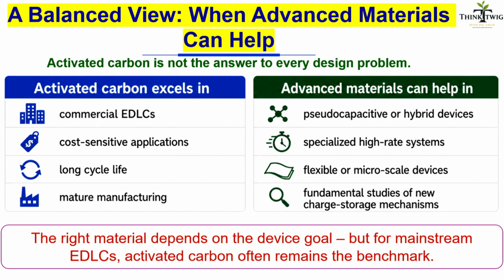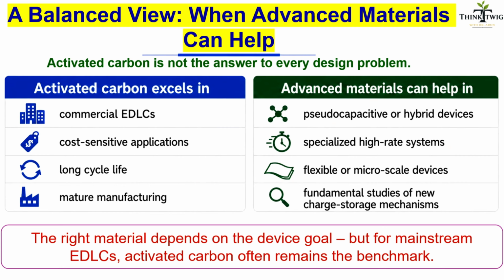We need electrode density. We need cycling stability. And if the aim is commercial production, we also need scalable processing and reasonable cost. So the correct material depends on the device goal. For mainstream electric double layer capacitors, activated carbon continues to provide a very strong reference point.